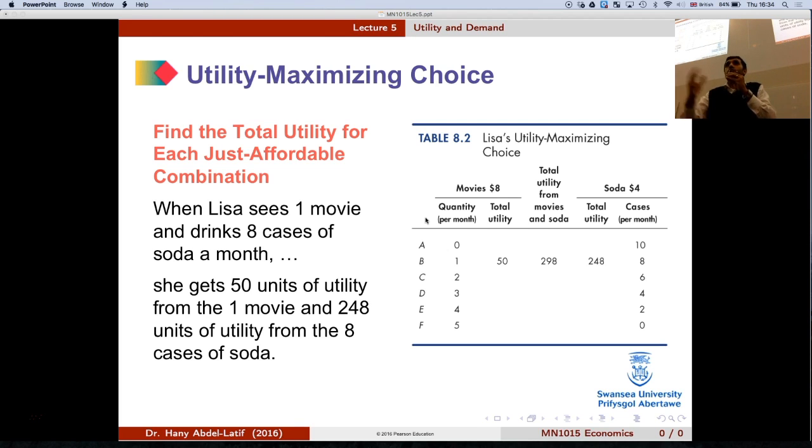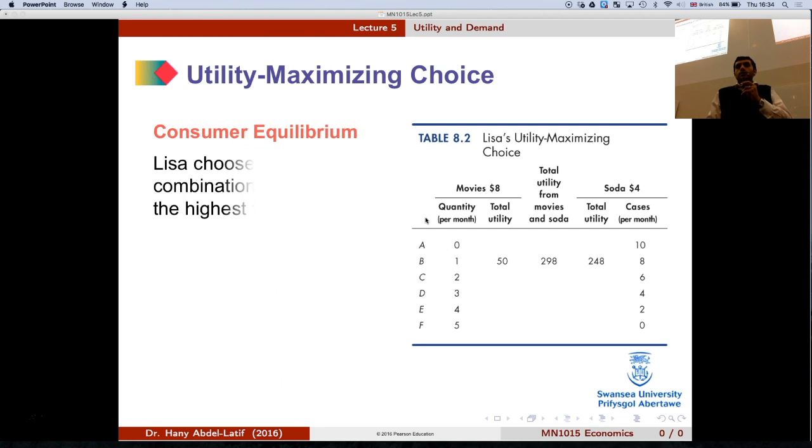So what we need to do here is to calculate the total utility for all possible combinations, for all just affordable combinations. These are the points on the budget line, you remember? That's the maximum she can buy. So if you look at all these and see how much is the total utility, then we can decide which combination she should buy, which in this case, is the combination that will maximize her total utility.